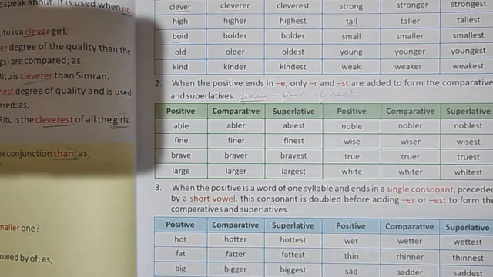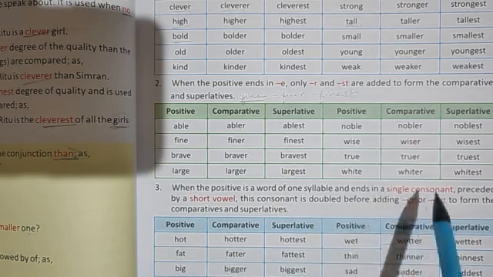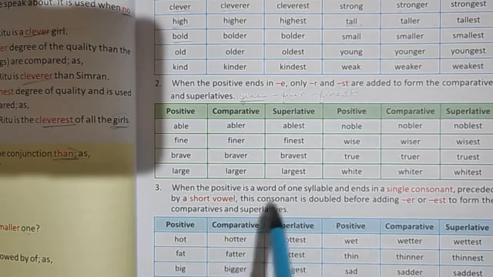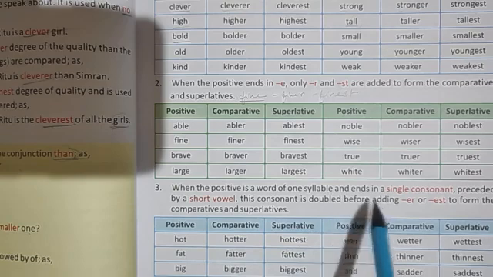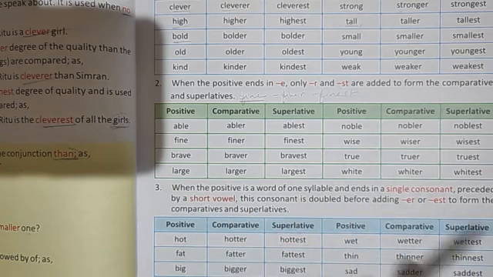Next, rule number 3. When the positive is a word of 1 syllable and ends in a single consonant preceded by a short vowel, this consonant is doubled before adding er or est to form comparatives and superlatives.